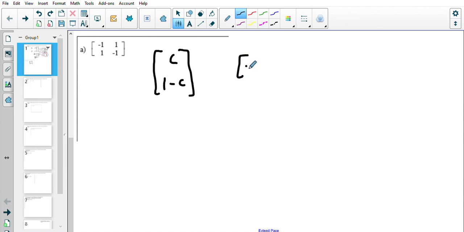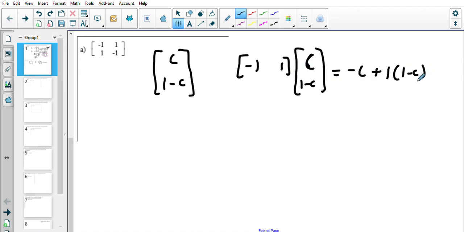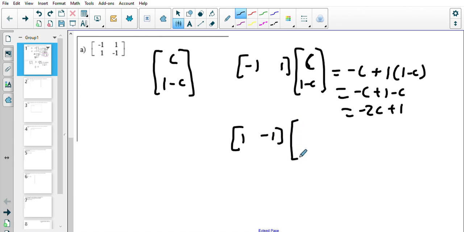So if they play that strategy against the first row, they'll get -1 times C is -C, and then plus 1 times 1 minus C. So they'll have -C plus 1 minus C. That's -2C plus 1.